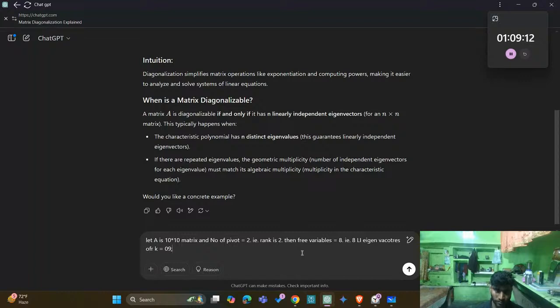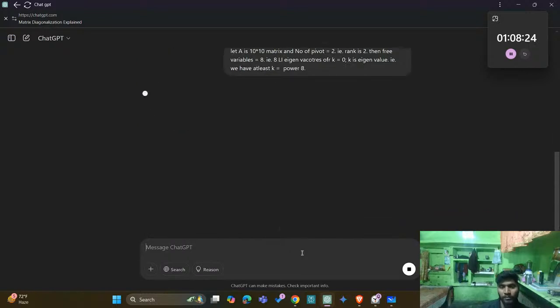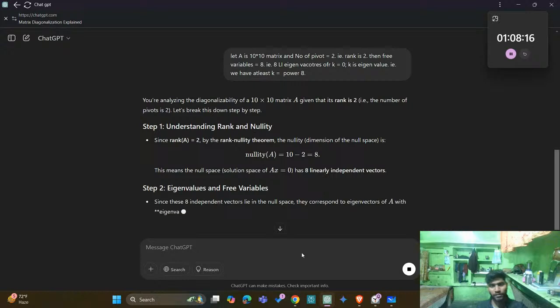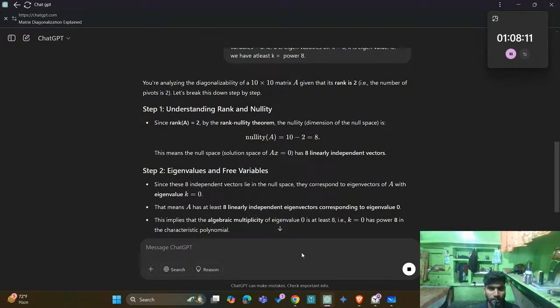For k equal to 0, yes. Since the rank is less than the full rank, we will have a null space solution which has infinite vectors.